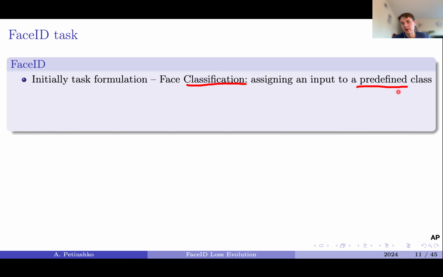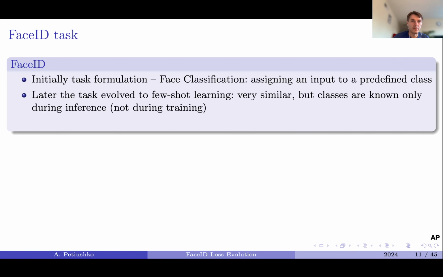Predefined means that even before solving the task, we know, for example, we have these 10 persons, and every input will be classified to the first, second, etc., 10th person inside our data set. We don't have the open data set. It is closed data set, closed set recognition. But later, the task evolved to a more realistic setting, which is called few-shot learning. Very similar, but classes are known only during inference and not during training.